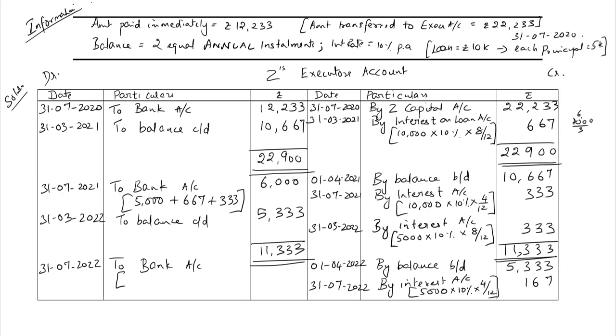The principal amount 5,000 rupees plus the interest 333 rupees plus 167 rupees, 5,500 rupees has been paid.